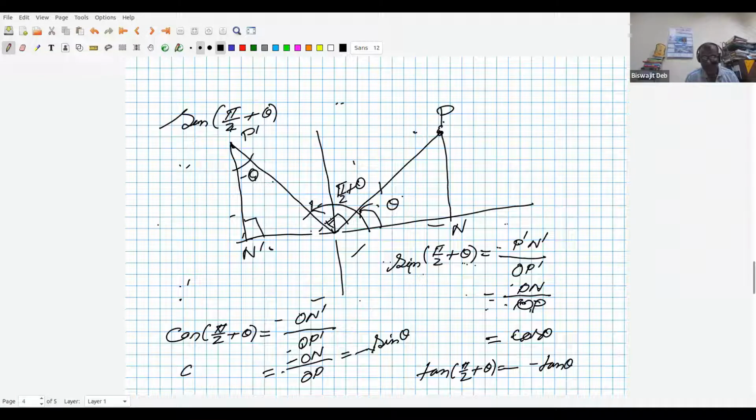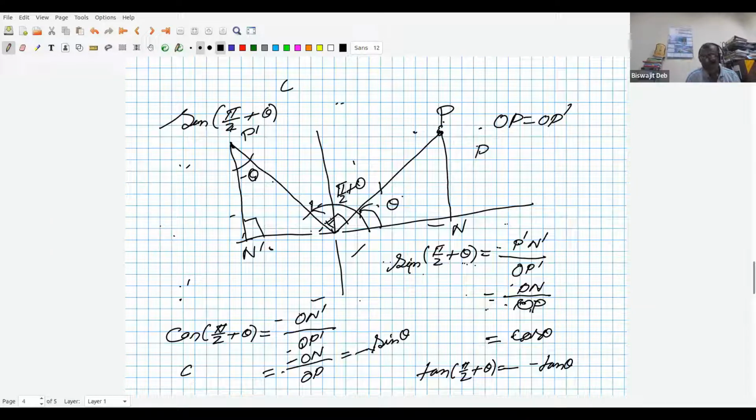So cos of pi by 2 plus theta is ON dash by OP dash. But here, what is going to be equal is OP equal to OP dash, that's fine.